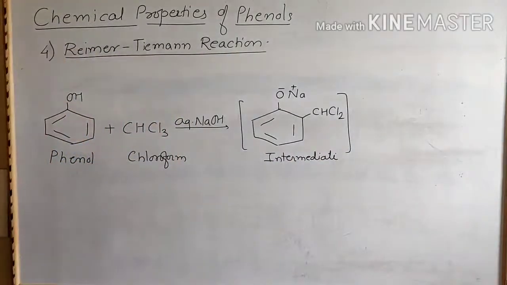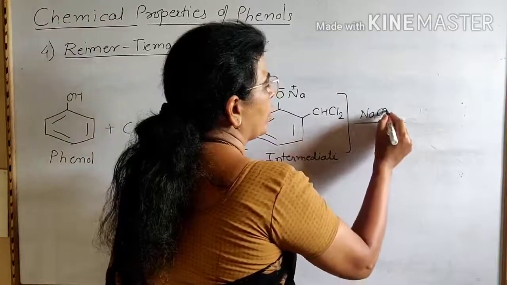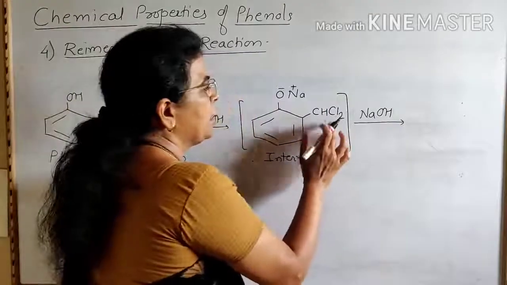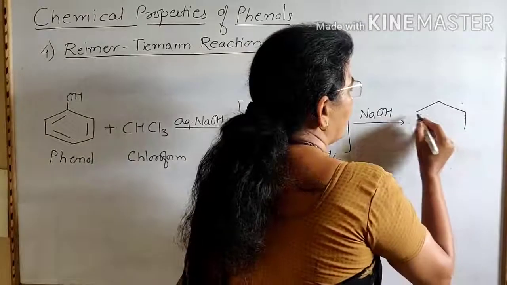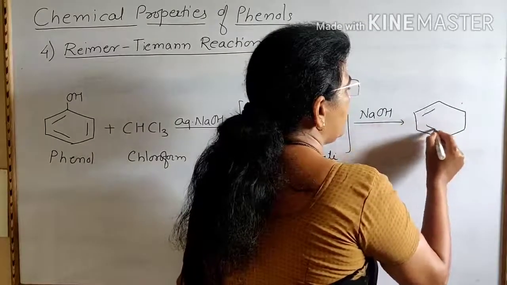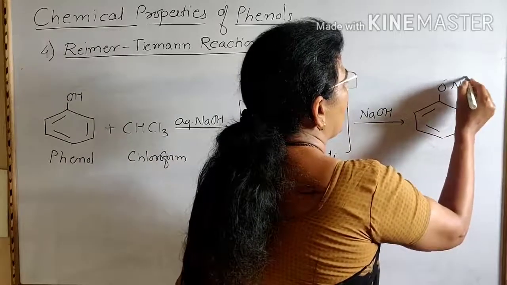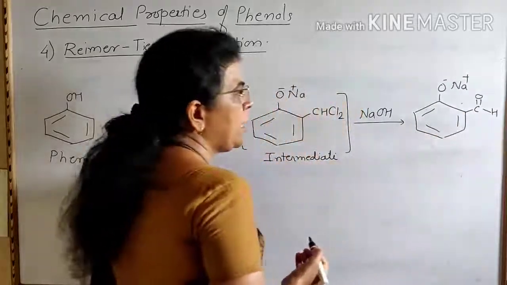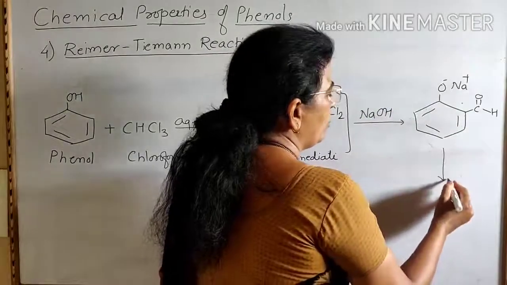Now this intermediate is treated with NaOH. Then this CHCl2 group is converted into aldehyde group, at the ortho position.